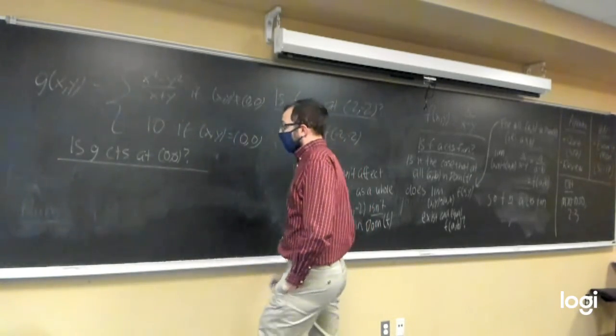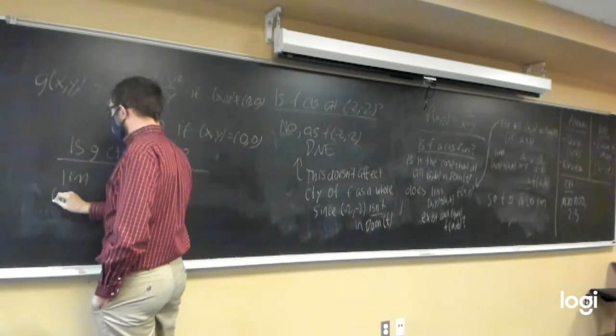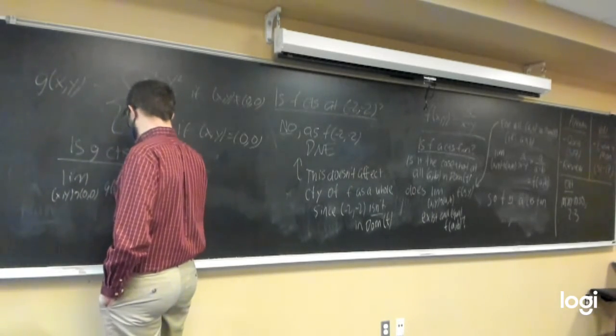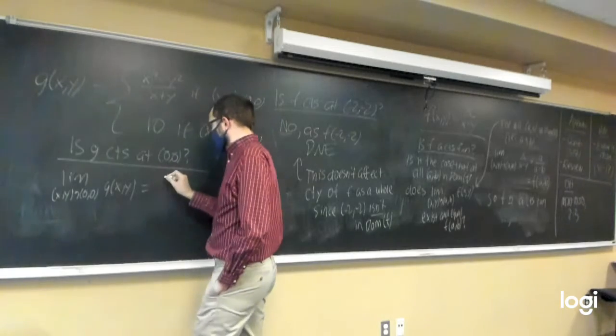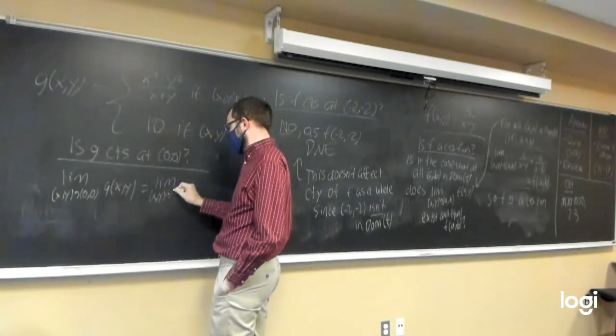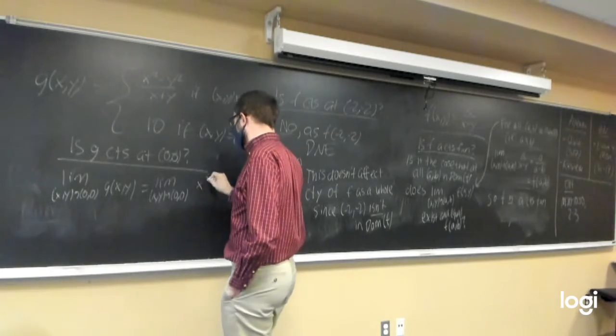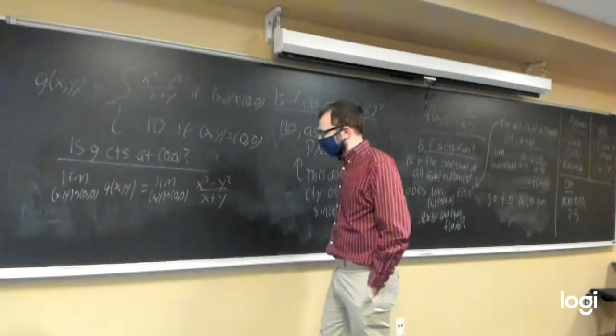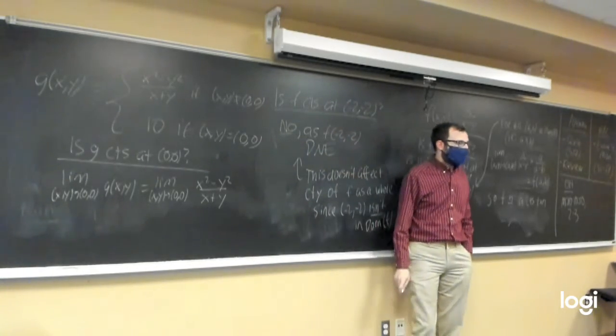Well, if we were to take the limit as xy approached 0, 0 of g of xy, we would need to get the limit as xy approached 0, 0 of x squared minus y squared over x plus y, as you pointed out, Jacob.